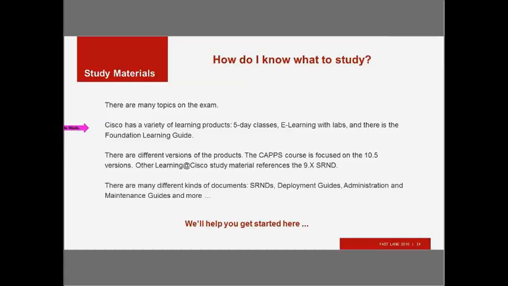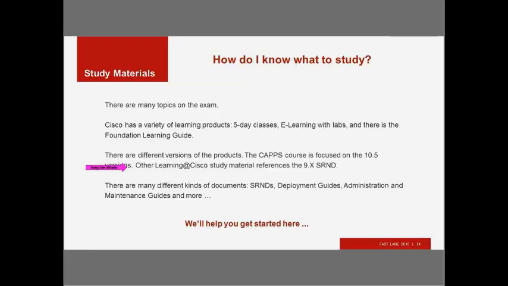There are different versions of the products. Now, the CAPPS course is focused on the 10.5 versions of these products, but other Learning at Cisco study material references the 9.x SRND. So you could get questions on either the 9 or 10 versions of the products in these exams, but fortunately they're pretty similar.